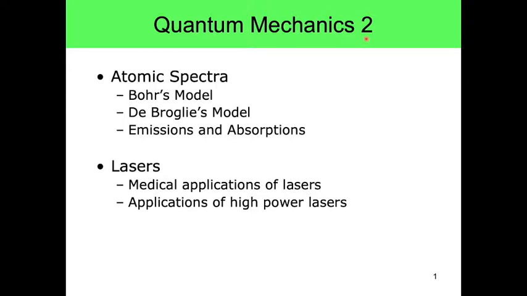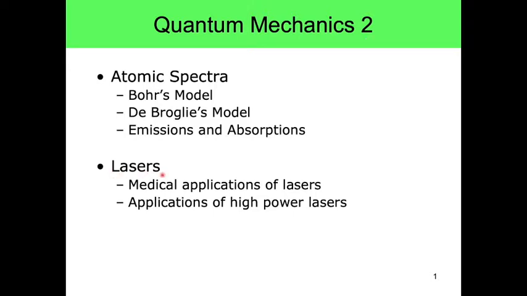We can understand how light interacts with the atoms, so that a photon, a particle of light, is either emitted or absorbed by an electron residing inside the atom. And one of the most prominent applications of this quantum mechanical structure of the atom is the laser.